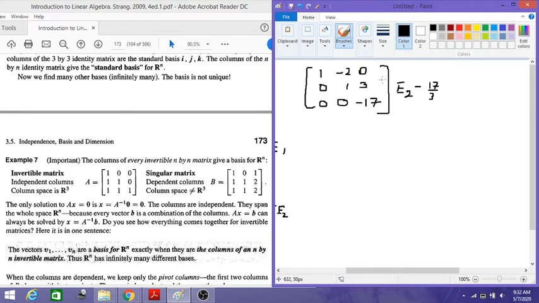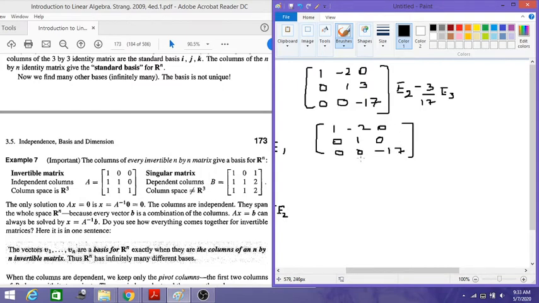Sorry, not 17 by 3, I have to take this as 3 by 17 into E3. So then I'll get this form as 1 minus 2 0, then 0 1 0, and this is 0 0 minus 17.